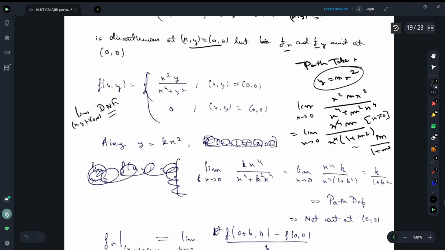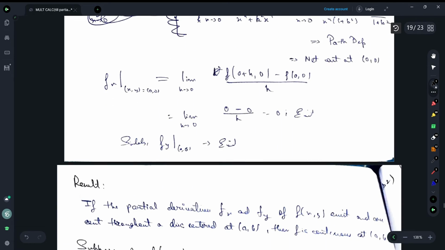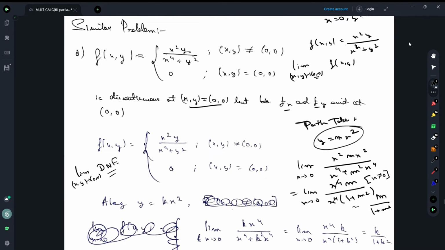What is the value of fx at origin? It is the limit as h tends to 0 of f(0+h, 0) minus f(0,0) over h. Now at (0+h, 0) of this function, we put 0+h in place of x and 0 in place of y. Putting 0 in place of y, we get the value of this function to be 0.